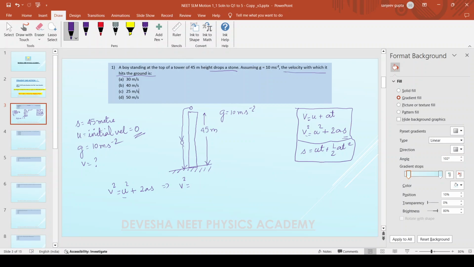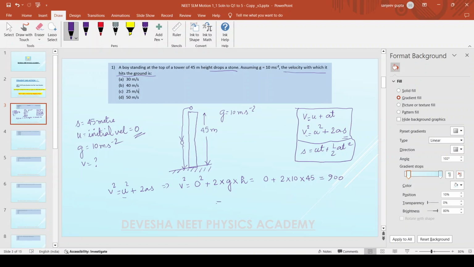So v square is equal to 0 square plus 2 into the acceleration by which it is dropping, which is g, and the height by which it is dropping, which we can take as the height of the building. So this is equal to 0 plus 2 into 10, g is equal to 10, into 45, the height of the building. So this is equal to 900.